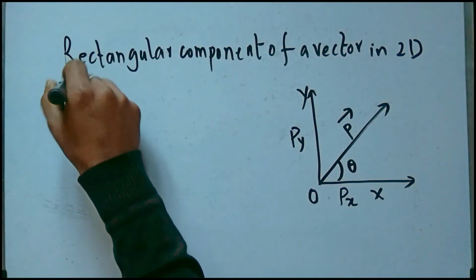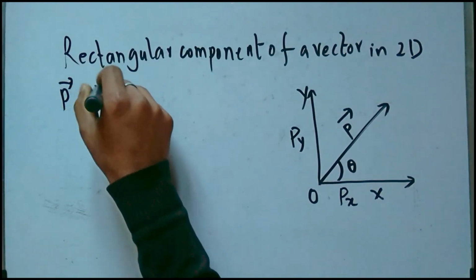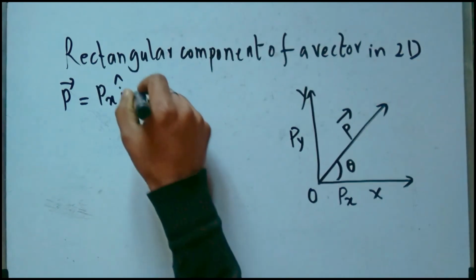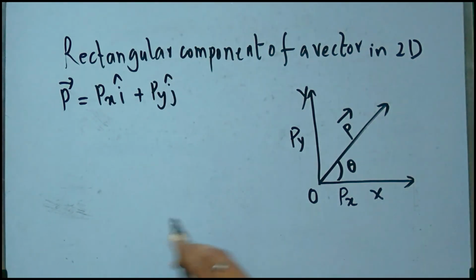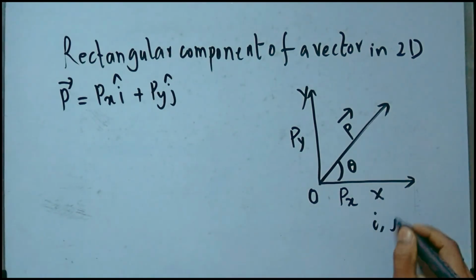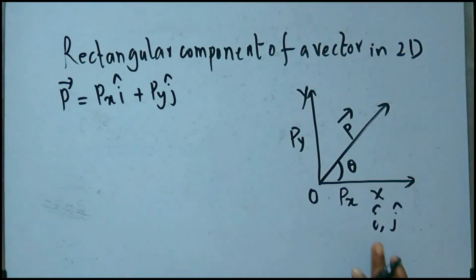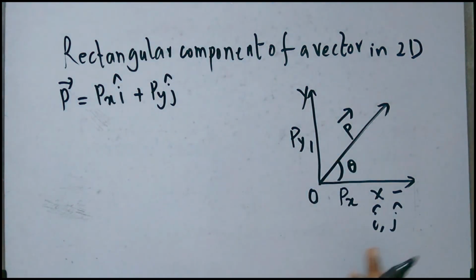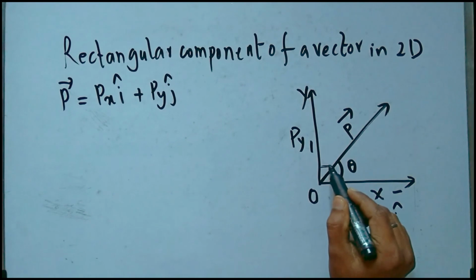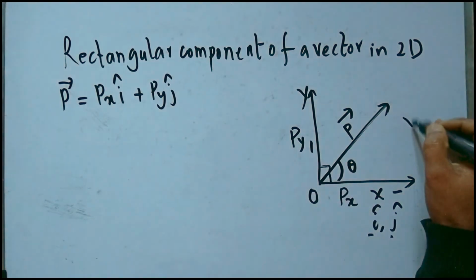Now vector P can be written as Px i plus Py j cap, where i and j cap are the unit vectors along x-axis and along y-axis respectively. So i and j are the unit vectors which are perpendicular to each other on xy plane.